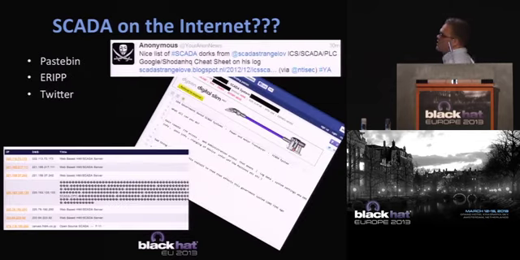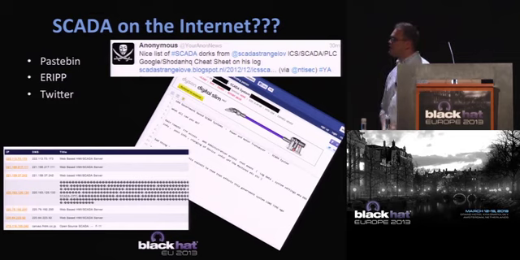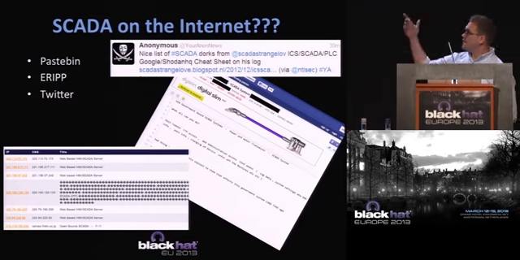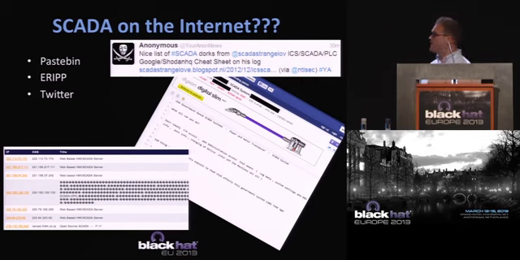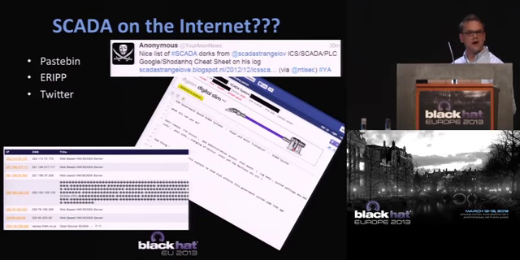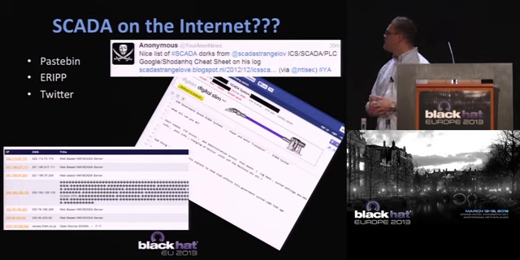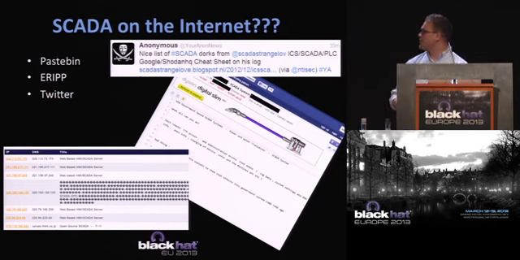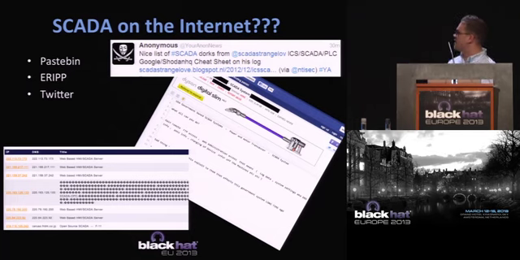Another example, a couple examples: Pastebin, eRip, and Twitter. I pulled a couple examples for each of those. The first one is from Anonymous, just listing out some different dorks and things to be able to find ICS SCADA systems. So it's easy to go out and try to find an attack footprint with that. On Pastebin, you're going to see USA government-owned SCADA systems, power and meter transducer SCADA systems.